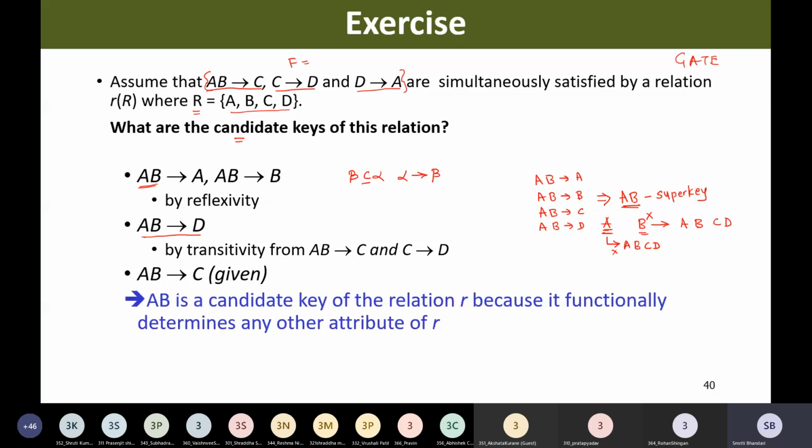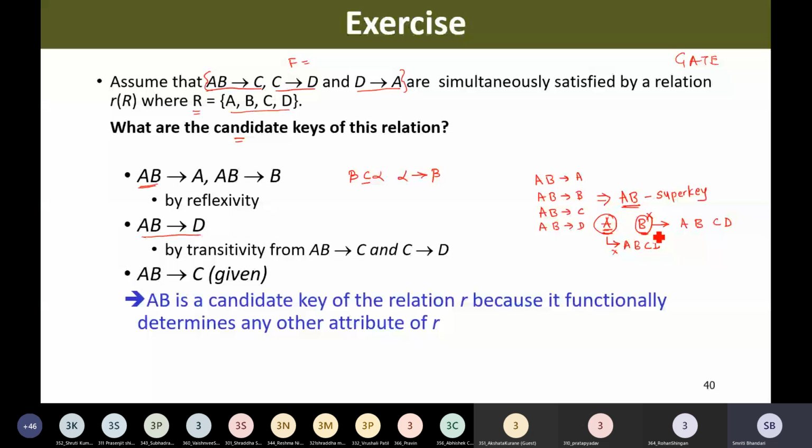That is why I may declare that AB is a candidate key of the relation R, because it functionally determines all the attributes of my relation, and there is no proper subset of AB that also determines all attributes.